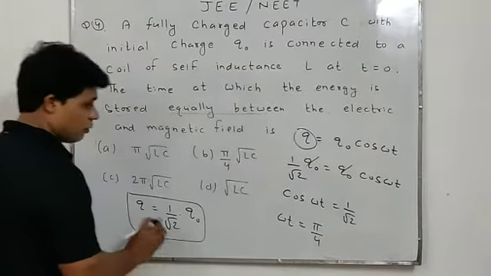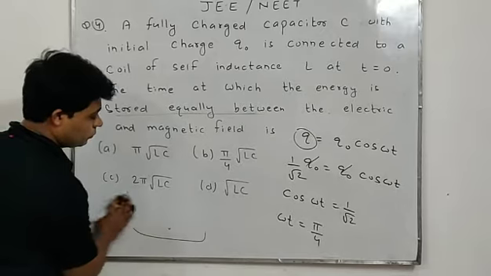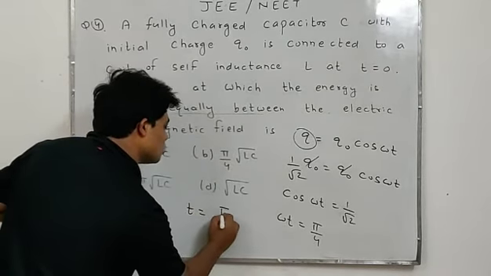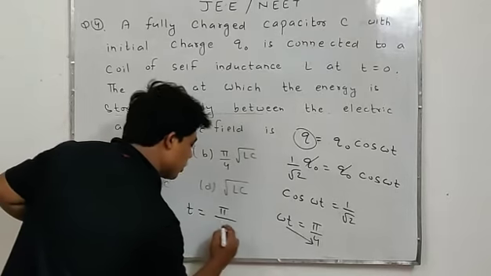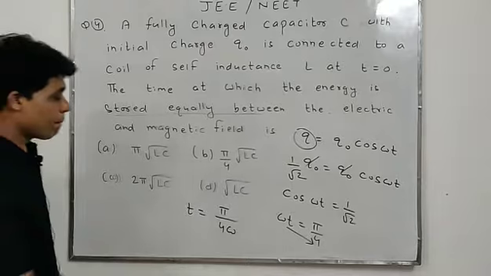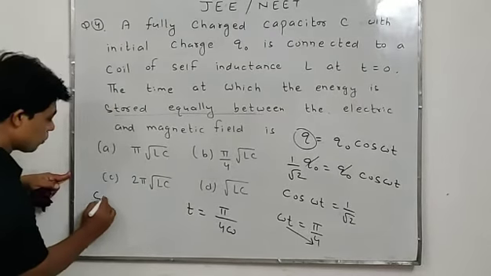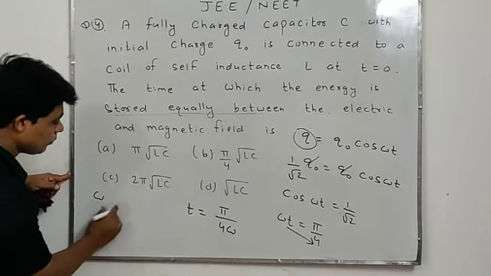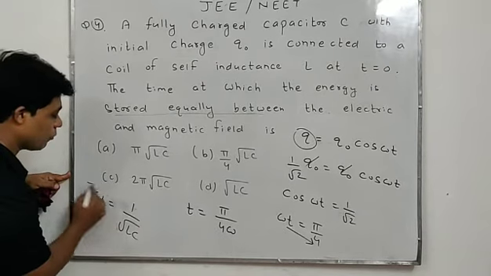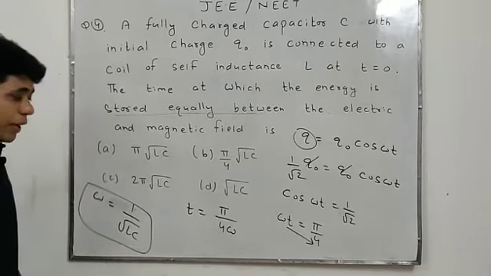Now students, finally we want to find the time. So t equals pi by 4 omega, since omega comes in multiplication. And we know omega is 1 by root LC, that is the formula for omega.